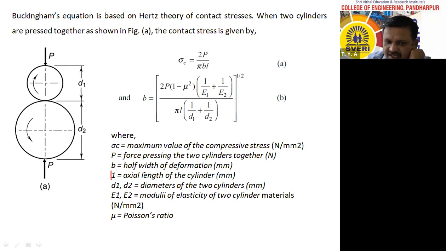This is L, axial length of the cylinder in mm. D1, D2 diameters of the two cylinders in mm. E1, E2 modulus of elasticity of two cylinder material, Newton per mm square, and mu is equal to Poisson's ratio.